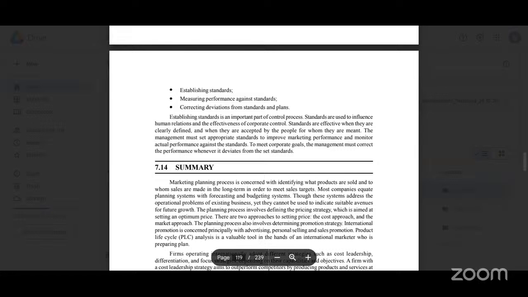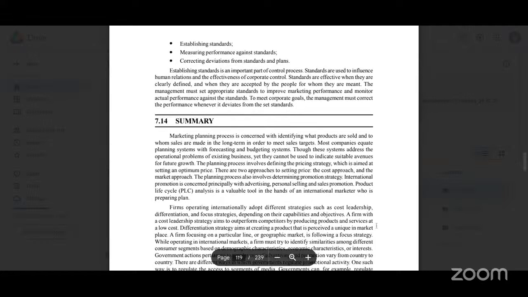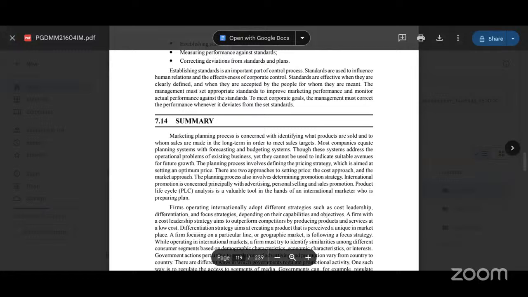And what is the purpose of setting up these standards? It is to improve marketing performance and monitor actual performance against the standards. So, to meet corporate goals, the management must correct the performance whenever it deviates from the set standards. So, this is fundamentally what we have been talking about in today's session.